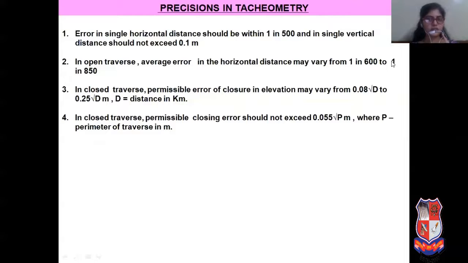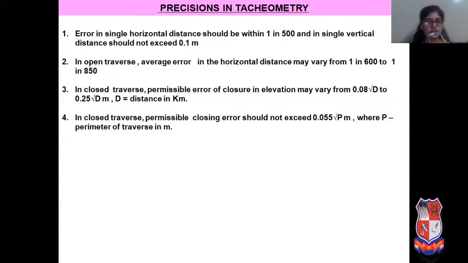Precisions in tachyometry. Errors in a single horizontal distance should be within 1 in 500 and in a single vertical distance should not exceed 0.1 meter. In open traverse, the average error in the horizontal distance may vary from 1 in 600 to 1 in 850.